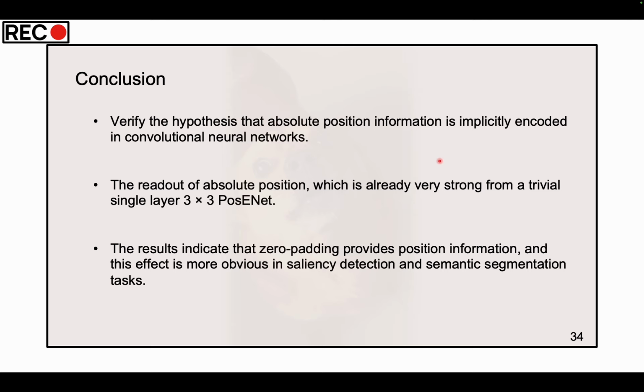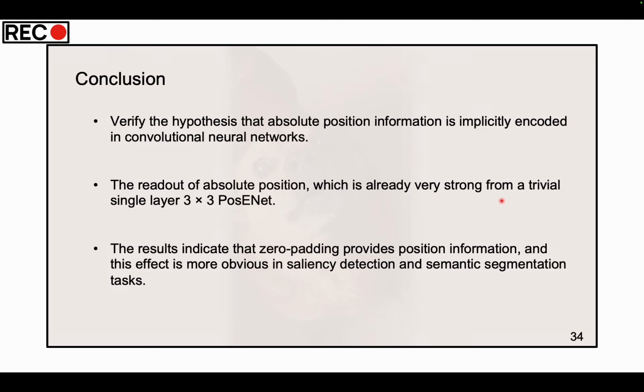Hence, there are some conclusions from the last presentation. First, they verified the hypothesis that absolute position information is implicitly encoded in convolutional neural networks. Second, the readout of absolute position is very strong from a trivial single layer 3x3 PosENet.